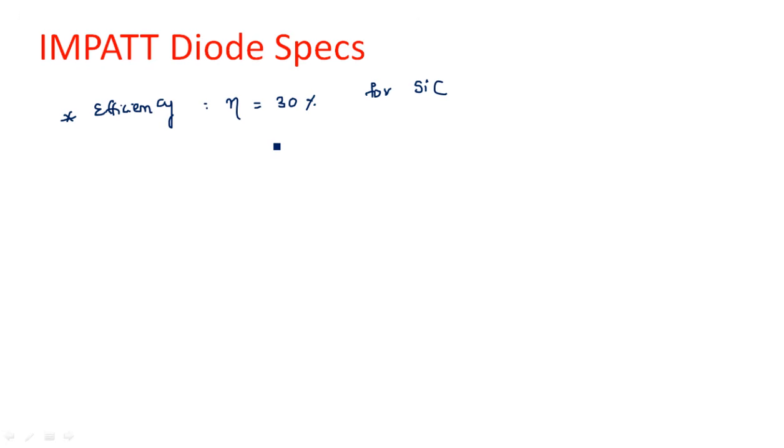It depends on the material, which gives different efficiencies. 15% efficiency is there if you take pure silicon. 23% efficiency is there for gallium arsenide. See this: if you take compound materials like silicon carbide and gallium arsenide, then the efficiency is more. But if you take a single material like silicon, then the efficiency is very low, just 15%.